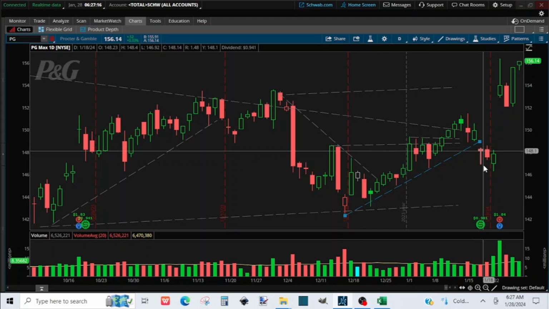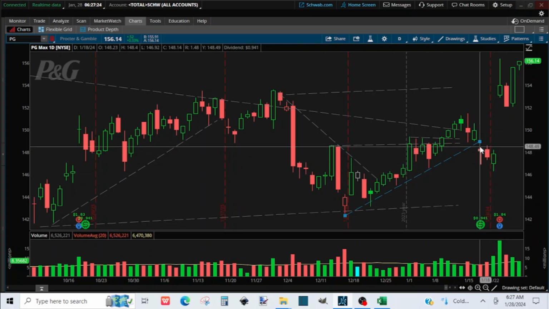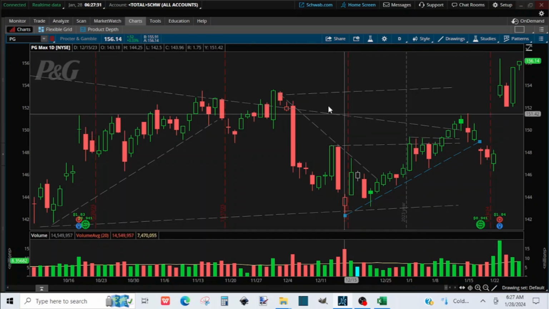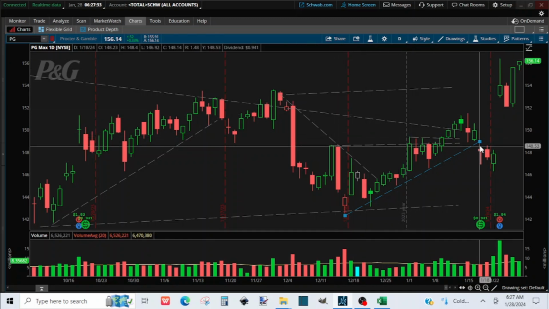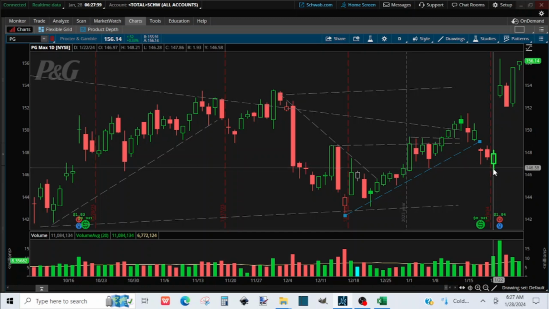We have 3 days that it fell off of it due to earnings, but then it made a peak that is clearly above. Let me see, it went down, consolidated, went down, and this low is lower.